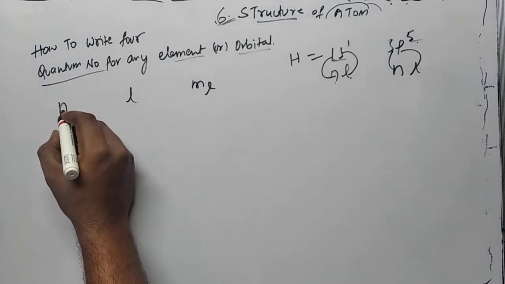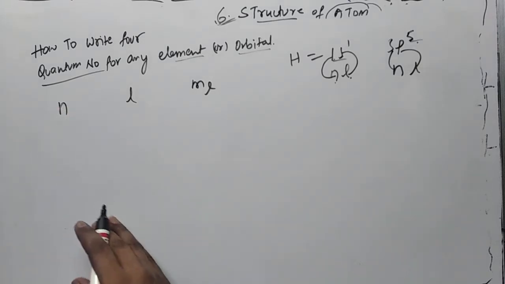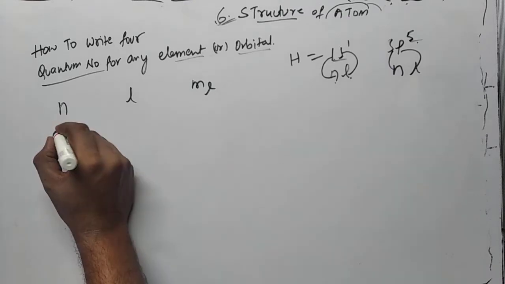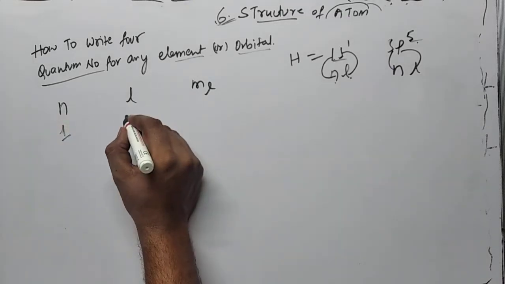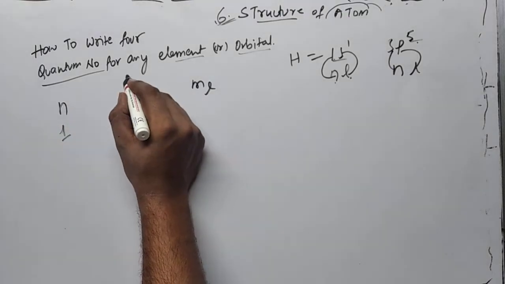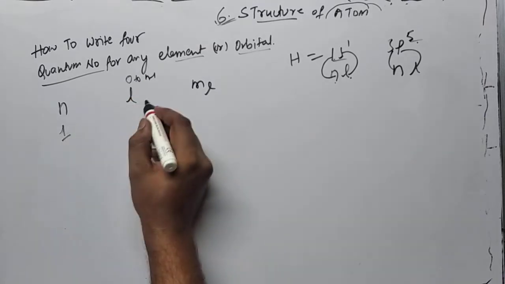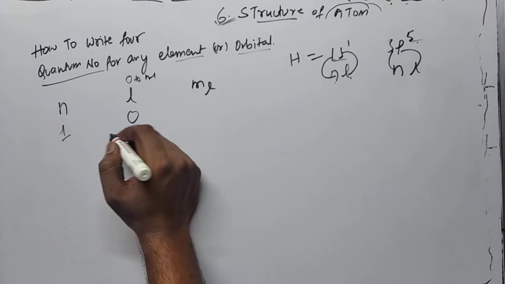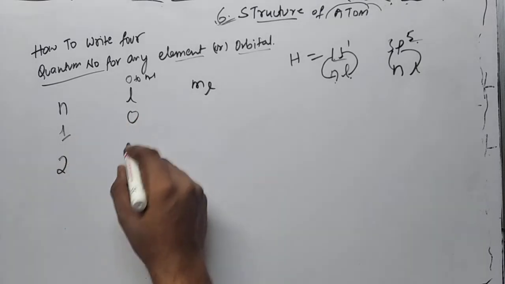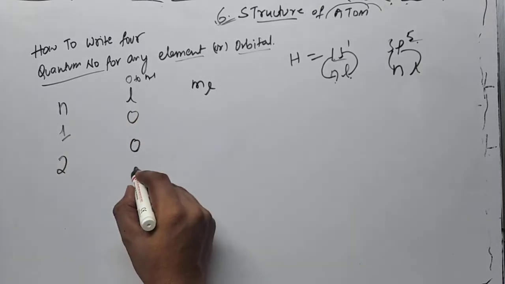Suppose we have n value 1. We'll just start from the first. The l values are nothing but 0 to n minus 1. So l value will be 0. Whenever n value is 2, l values will be 0 and 1.